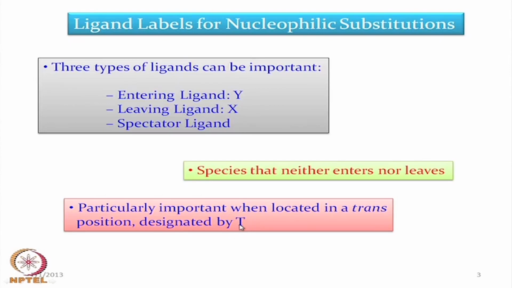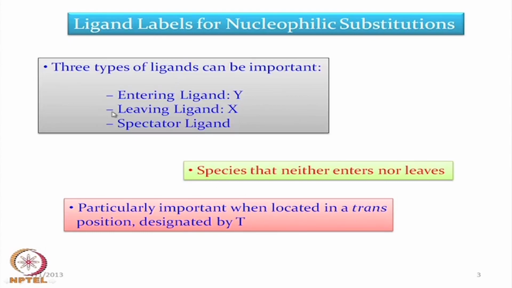This we will consider in some way that when we are talking about the substitution reaction in octahedral complexes, we do not find any effect from the spectator ligand, but for square planar complexes like that of platinum or palladium, or for some strong field ligand around the nickel center like cyanide, we have these ligands which are trans to that particular system.